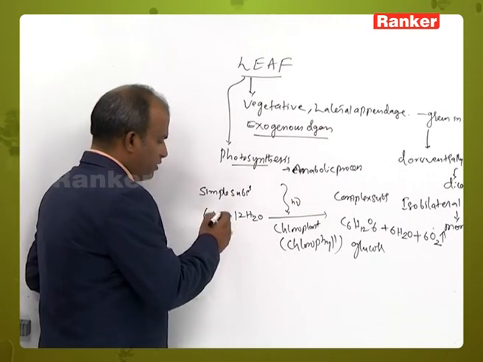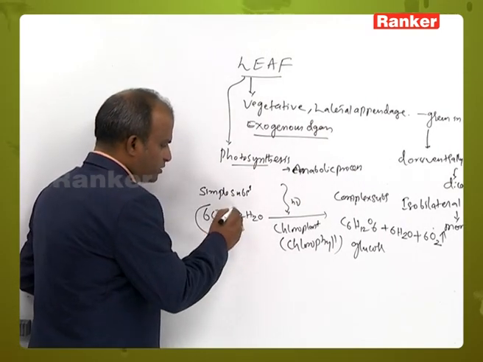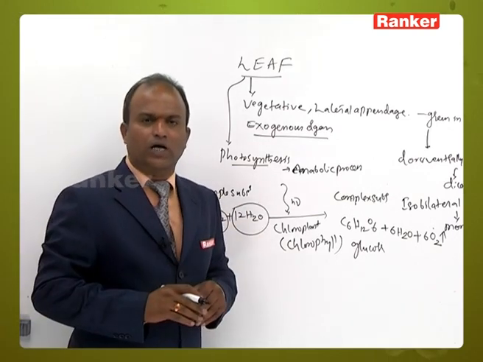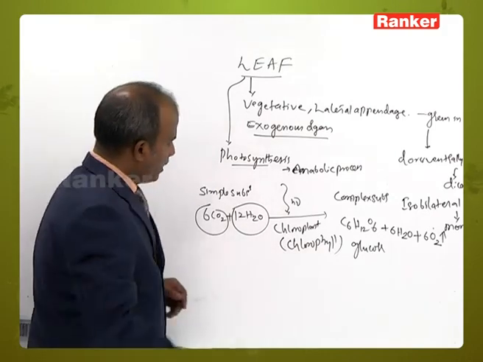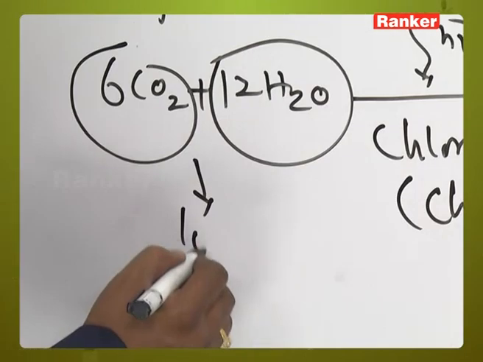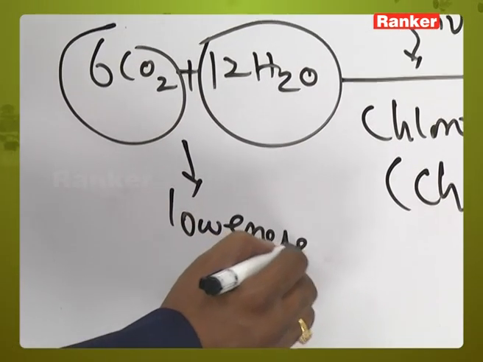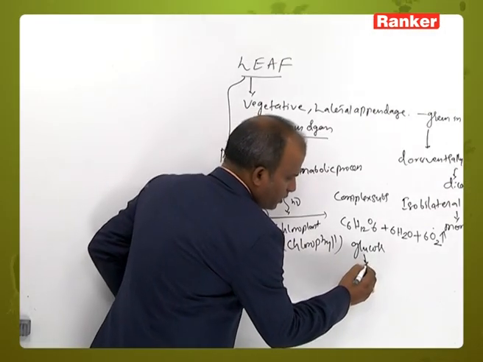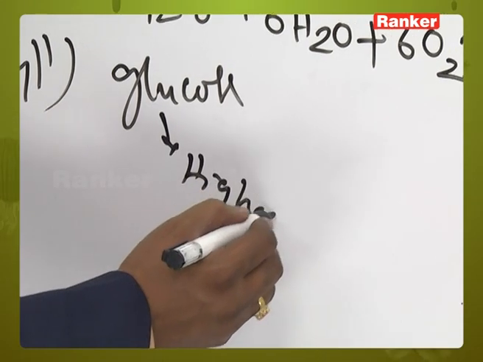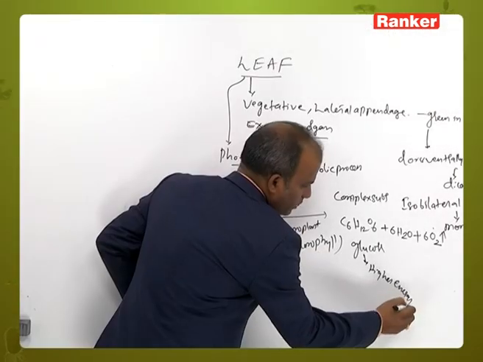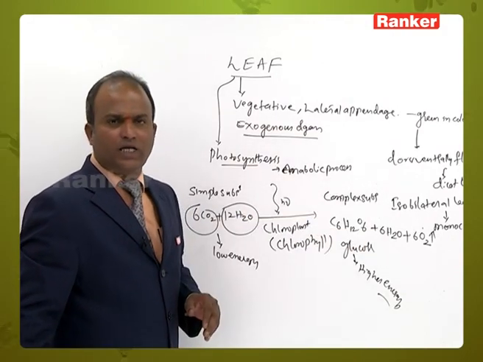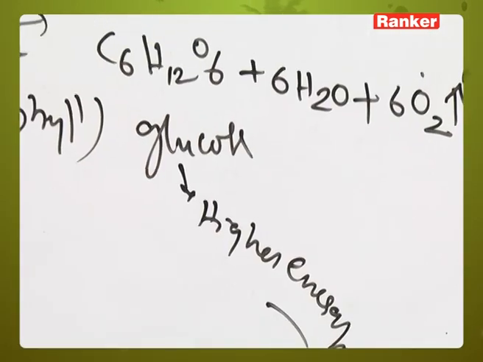Can we call photosynthesis an endergonic reaction or an exergonic reaction? The simple substances, 6CO2 and 12 H2O, are low energy compounds, but they are converted into glucose, which shows higher energy. Why?